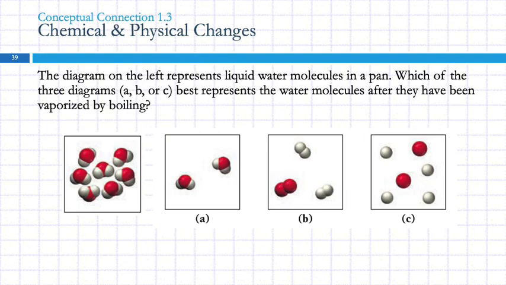So here the diagram on the left represents liquid water molecules in a pan. And which one of these, A, B, or C, best represents the water molecules after they've been vaporized, turned into a gas?